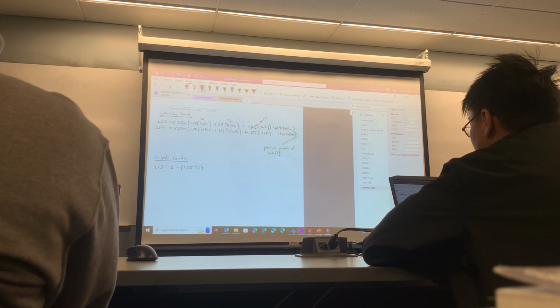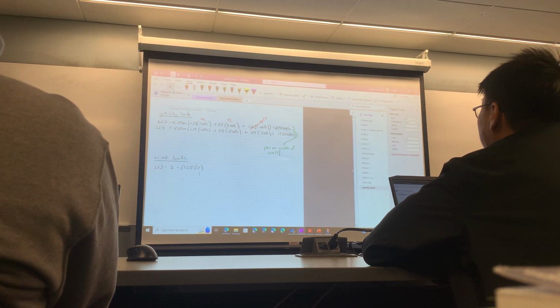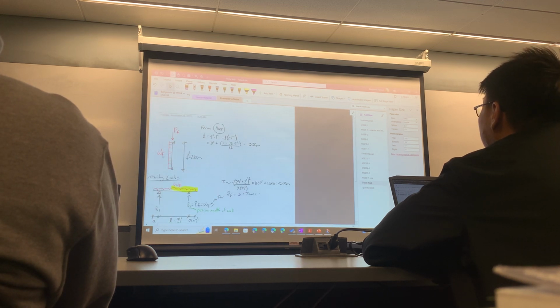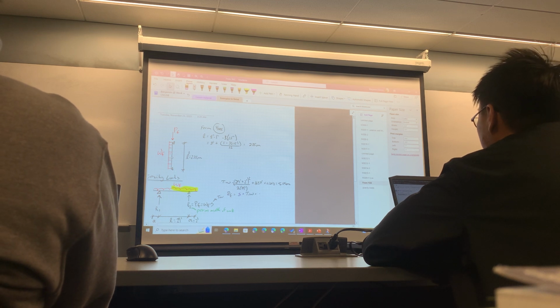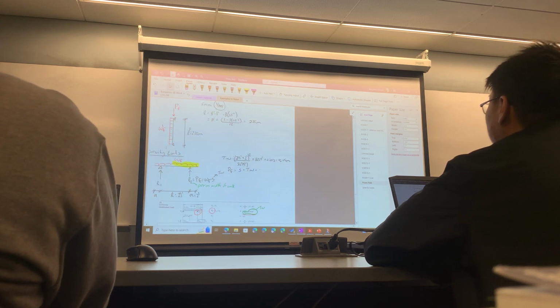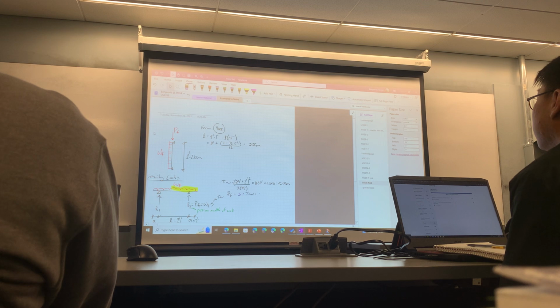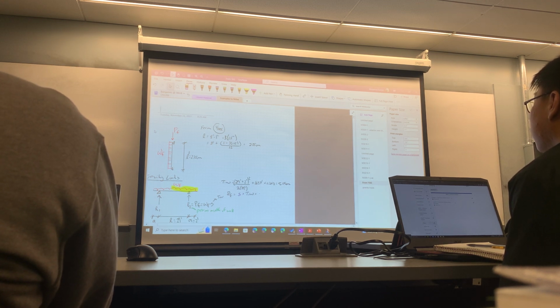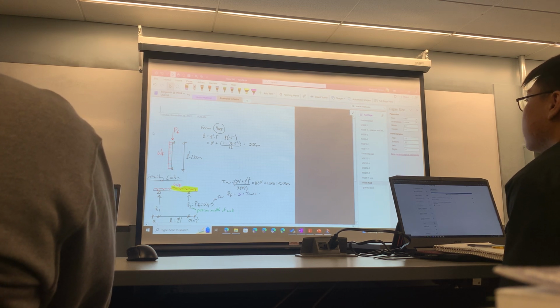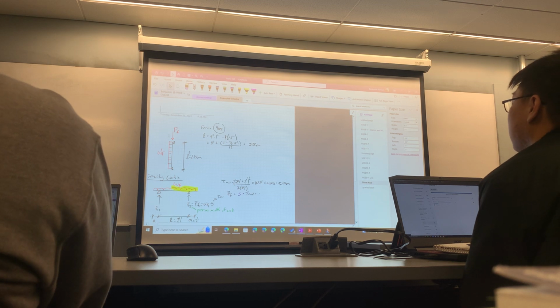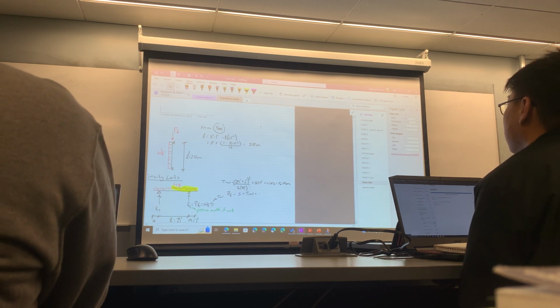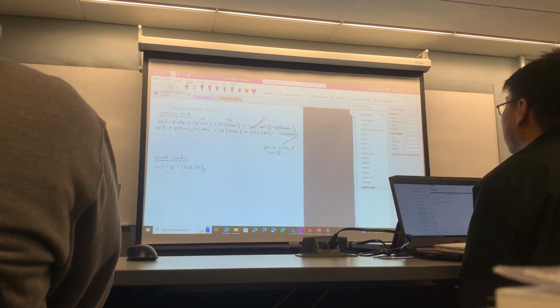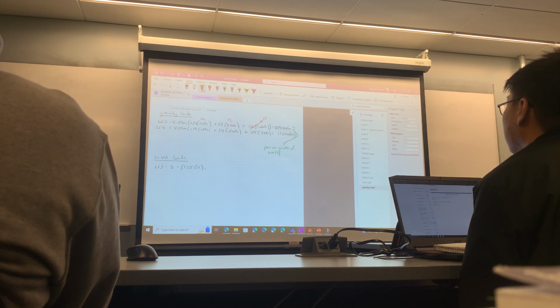Why is it 0? Okay, we're doing lateral loads now. Why is dead load 0? Somebody know? Yeah, dead load is in the up-down direction. We have no dead load going in the left-right direction. We're now looking at the left-right direction, the lateral loads. So in this case, for wind loads, dead load is 0.